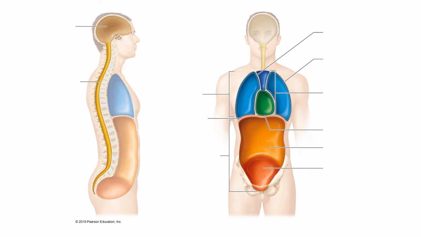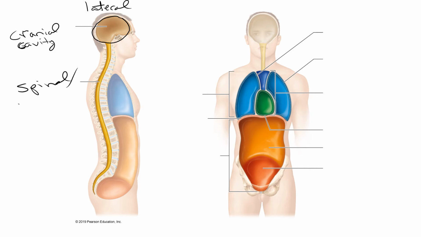Body cavities. In the lateral view here, this is a lateral view of the body. So this is the brain here. It's inside the skull. That's where the cranium is, and so that's called the cranial cavity. This is the spinal or vertebral cavity, sometimes called the vertebral canal.